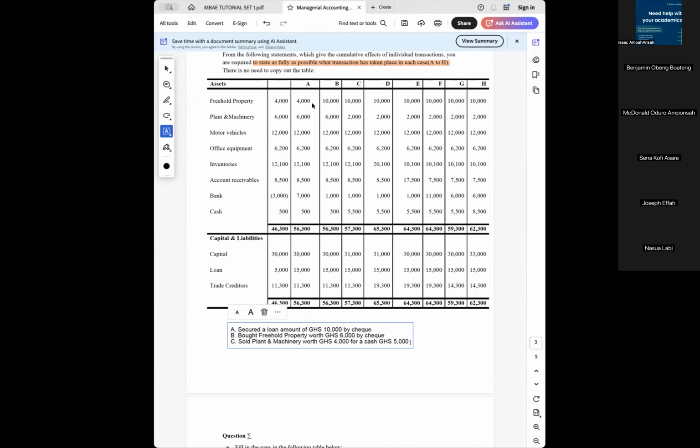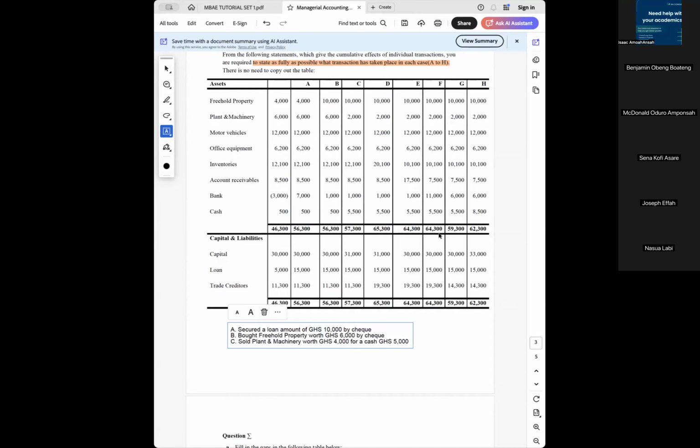It's difficult for us to have two transactions happening in a particular case, as we have listed here, right? Every transaction would have a dual effect on the accounting equation. Don't forget, this is the accounting equation that we are dealing with here. So for all the cases here, the transaction is one. If the transaction is more than one, then it would give a different case.